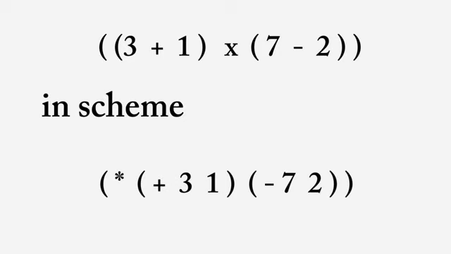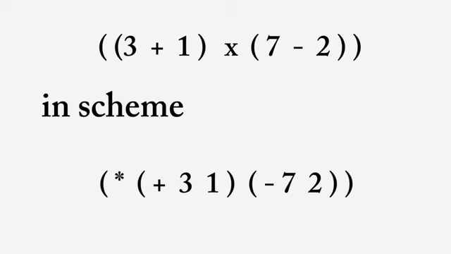Okay, let's see now in a different way. If you want to multiply two expressions, not atoms, such as 3 plus 1, which is an expression, and 7 minus 2, which is another expression, and multiply both expressions together, it is very easy.